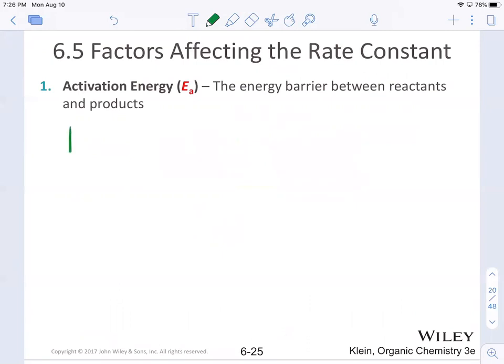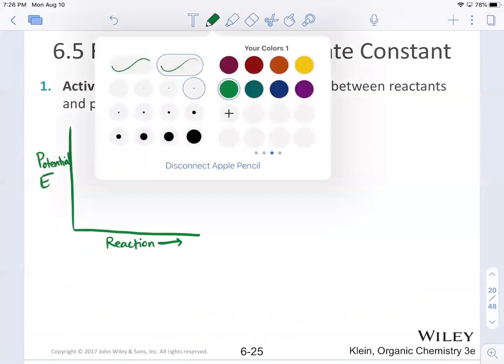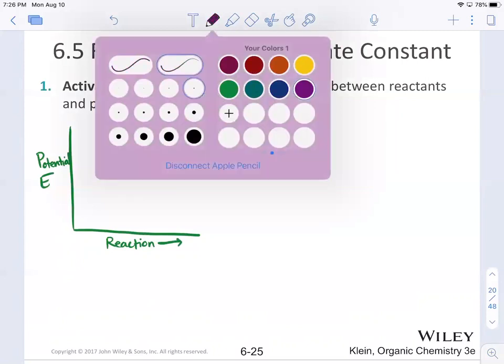So I'm going to pull up our reaction coordinate diagram again. I know it's been a long time, and I'm just going to have potential energy here. And we'll just slap on some reactants and products.